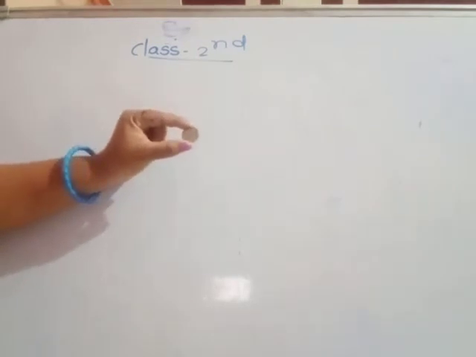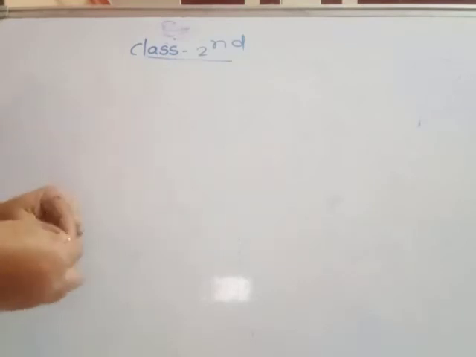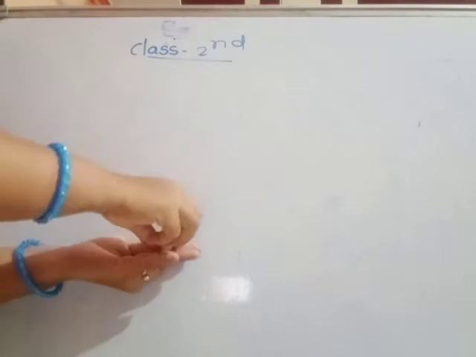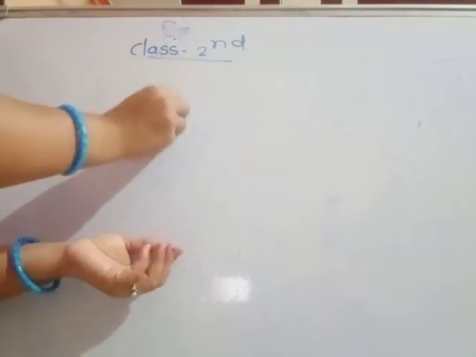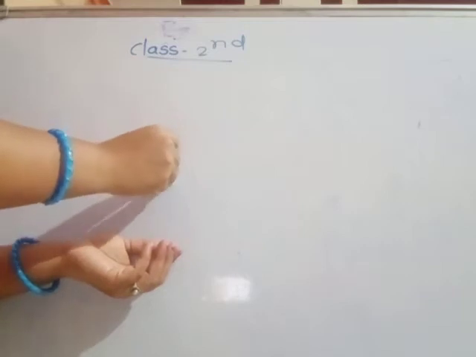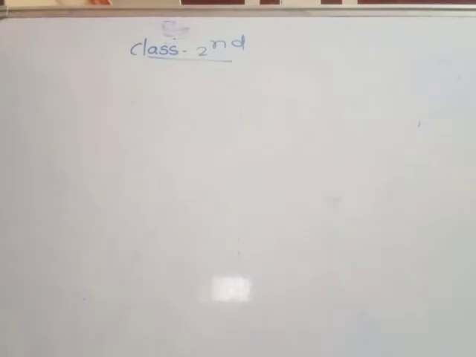Make the coin spin. Does it look like a ball? Then this coin is of this type. Spin this coin. And does it look like a ball? See, in this type.